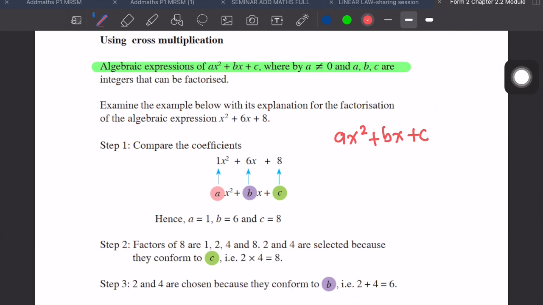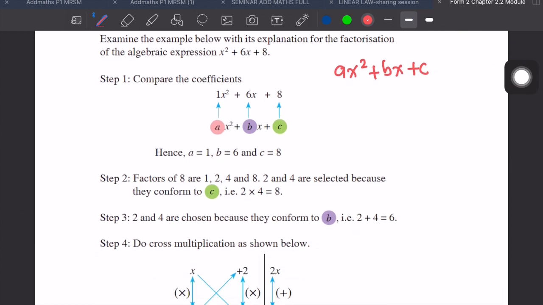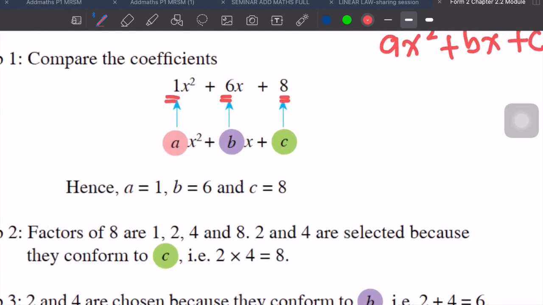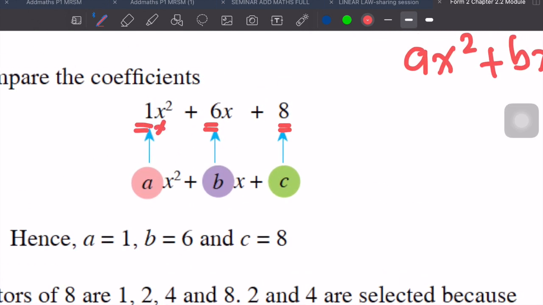Kan? So, the first step. What we do is compare the coefficient. So daripada sini, awak compare. Kita tahu, coefficient of x square is A. Coefficient of x is B. Yang tak ada coefficient ni adalah C. Sebenarnya semua ni ada x. Contoh ini x kuasa 2.